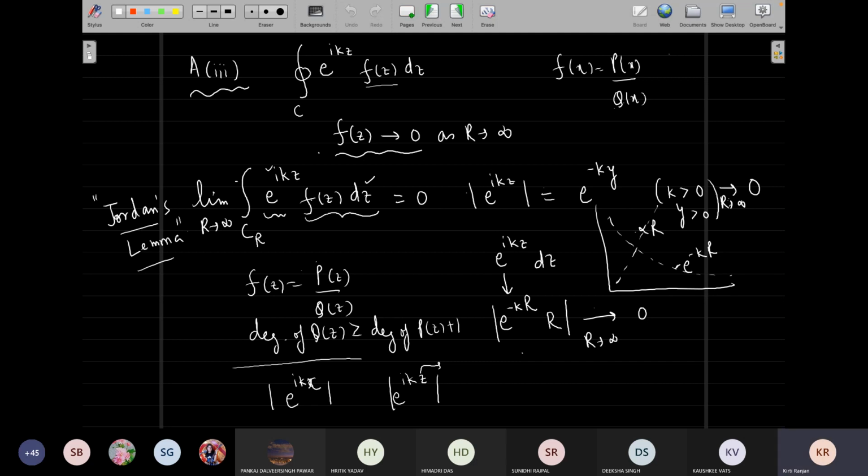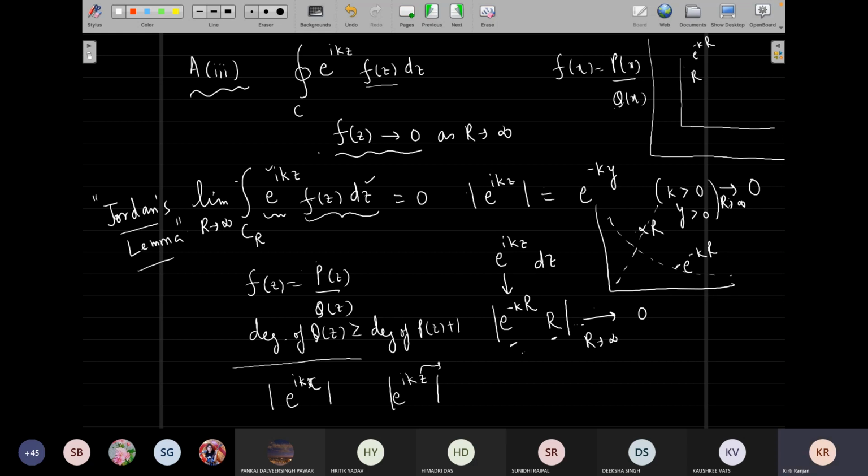So remember, this is r, which is nothing but the radius of the semicircle which we are using, and we take the limit when r tends to infinity. If I want to plot the function e^{-kr} and the function r, we have two terms, e^{-kr} and another is r.